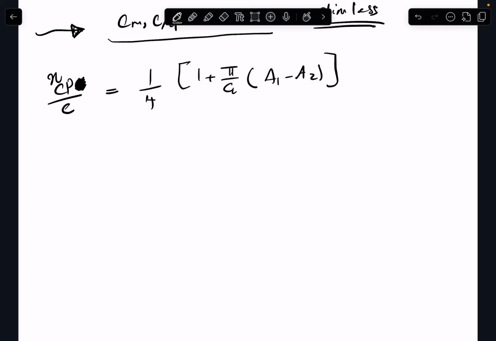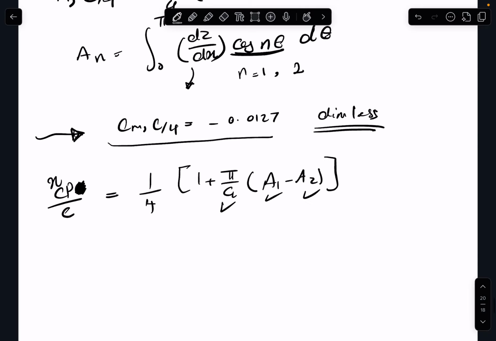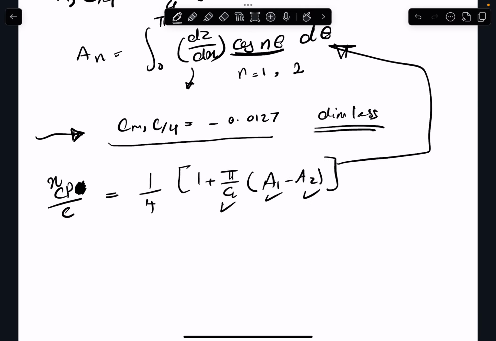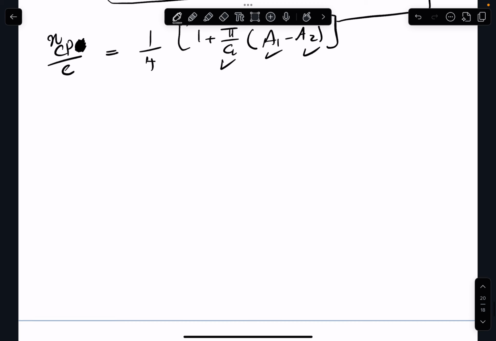Again, we have all of these. We have Cl, we have a1, which we should have calculated in the previous part of the problem, and a2. Plug and chug. The location of the center of pressure divided by the chord length is going to come out to be 0.273.